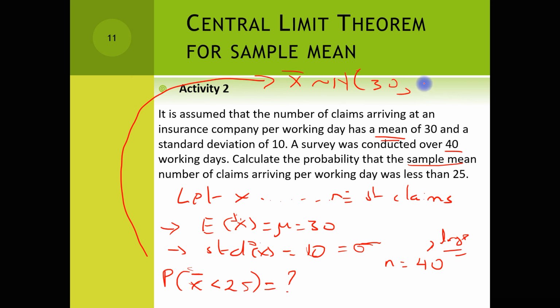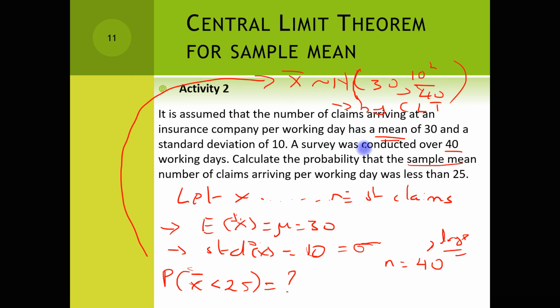Sigma squared is 10 squared, over n, where the sample size n is 40. That is how we define x bar. But this is by the CLT. You need to write it by CLT because you have to understand why you got this. It applies only in the context of the CLT because the sample size is large.